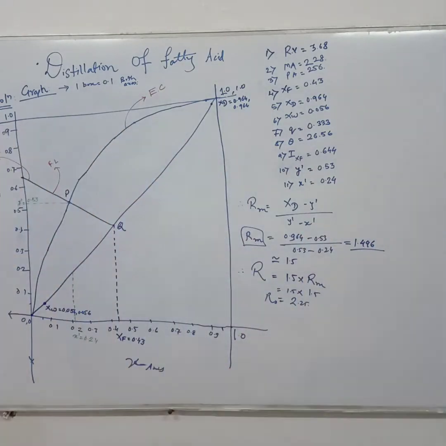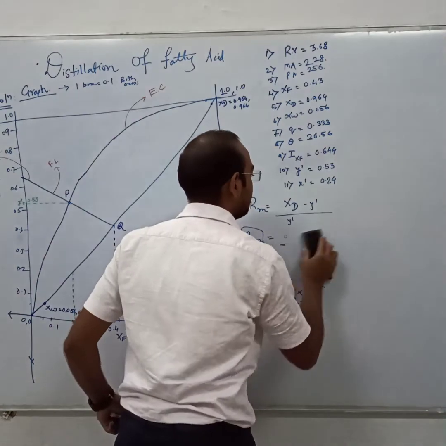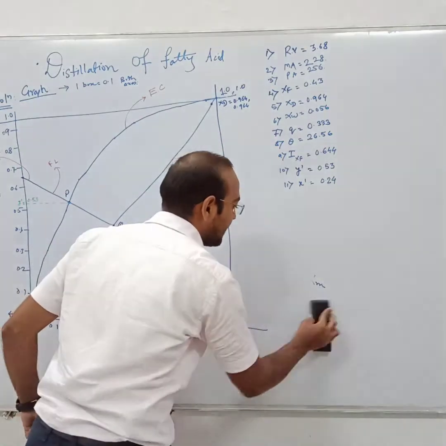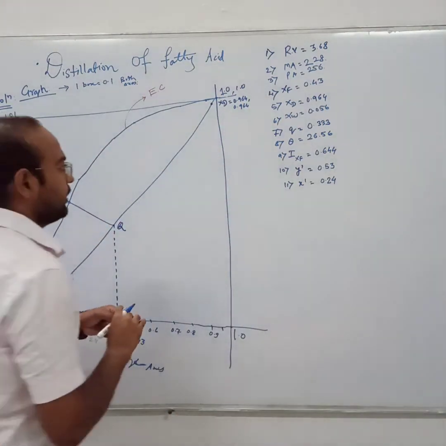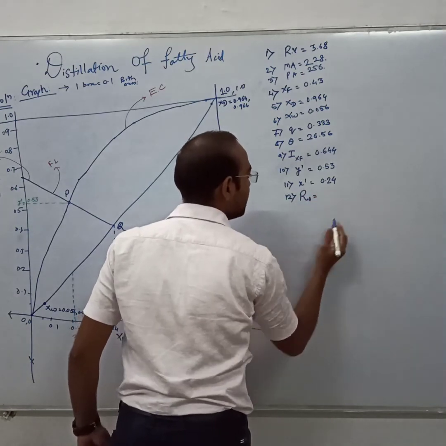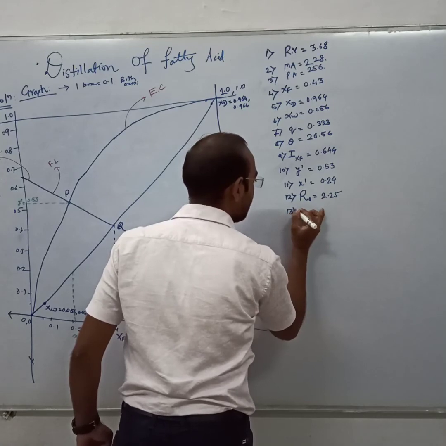So in this way we have calculated our operating reflux ratio by using the values of y dash and x dash obtained from our graph. So operating reflux ratio is 2.25. Okay, one more value we get.